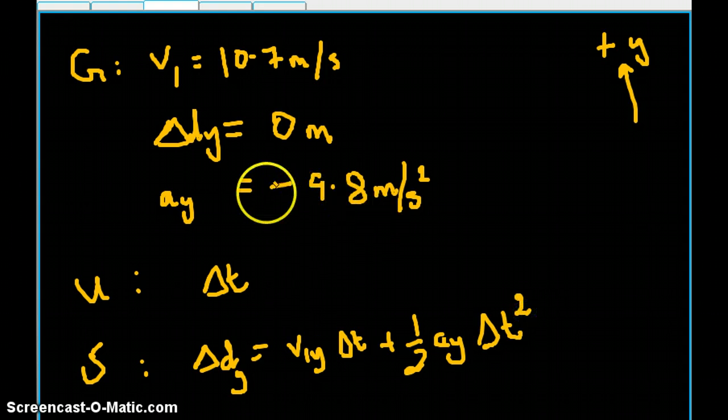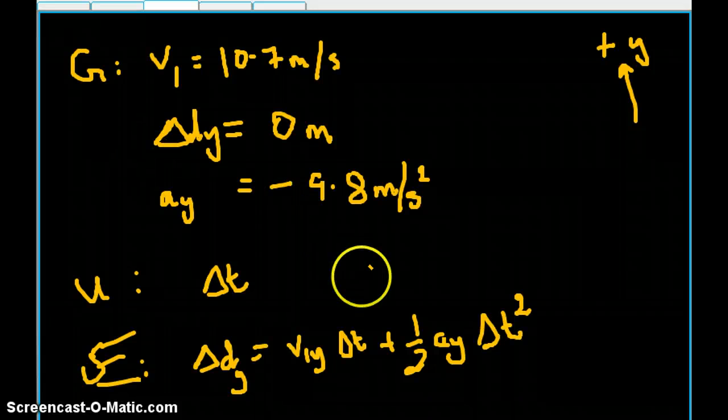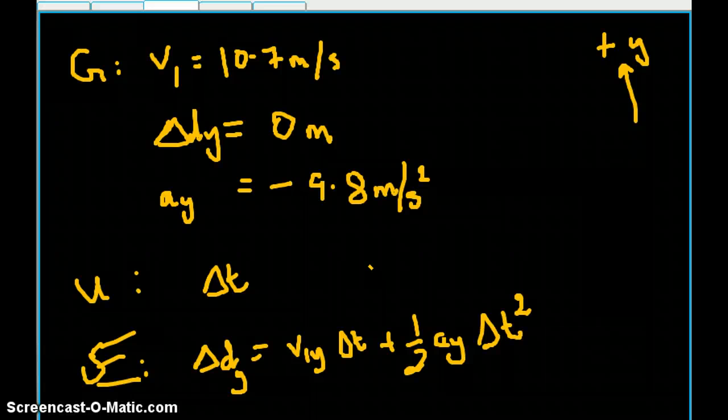So this is essentially the equation you are going to use. Actually this should be E, not S. This is not the solution we're doing, this is the equation we're using. So this is the equation you should be using for this part, and I will continue the solution for this problem in part 2 of the video.